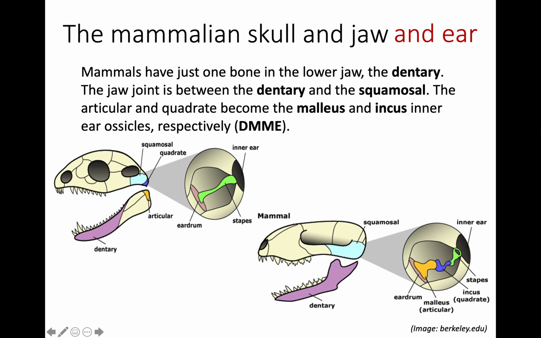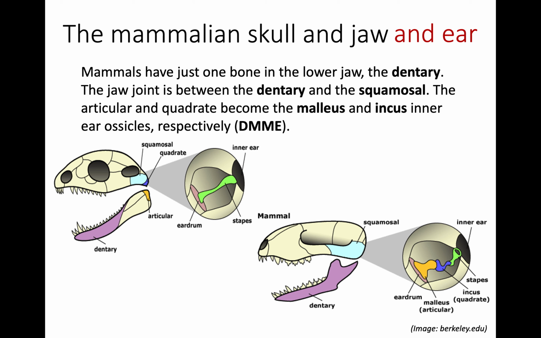What we see through mammalian evolution is we actually see the lower jaw bones changing. In mammals we lose that articular and quadrate bone that were here, and they move up to form the malleus and the incus bones. We can trace that through embryonic development.